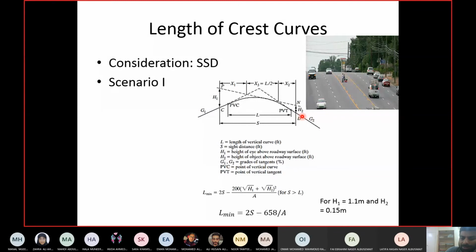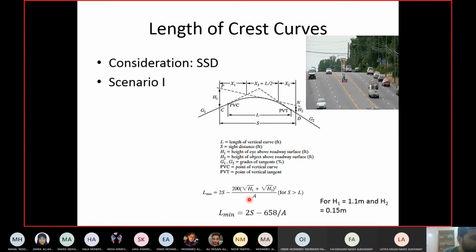You will not stop for your safety, right? So the object must be of some height for the driver to require him to stop. Otherwise he is not required to stop, right? So H2 is that height at which the driver will need to stop. If he doesn't stop, his car will get damaged or he will have an accident. Okay, so the object is that high.